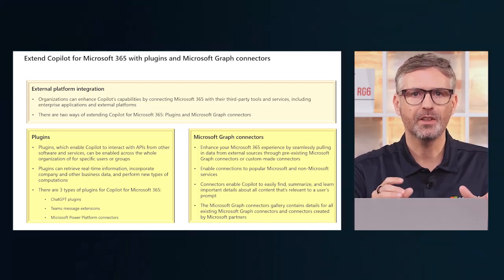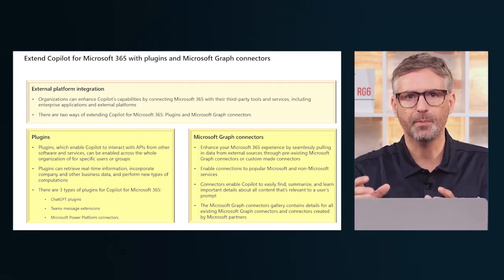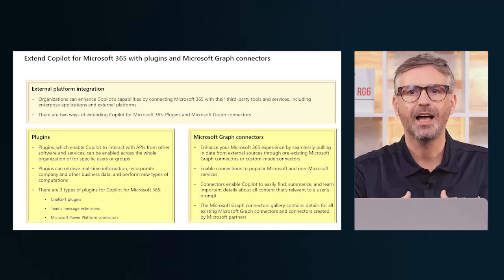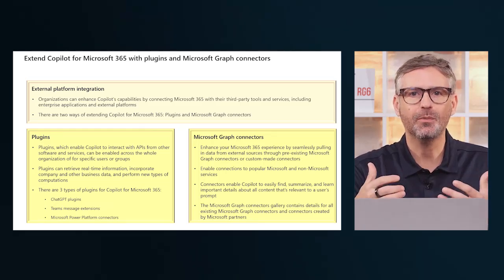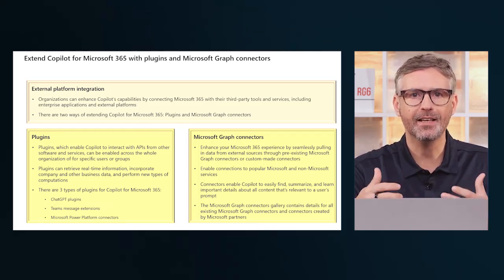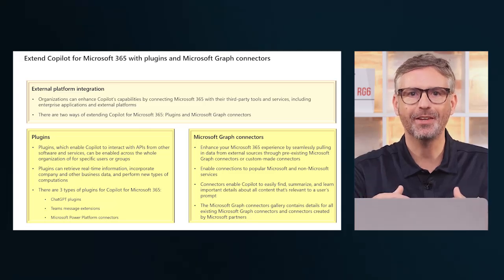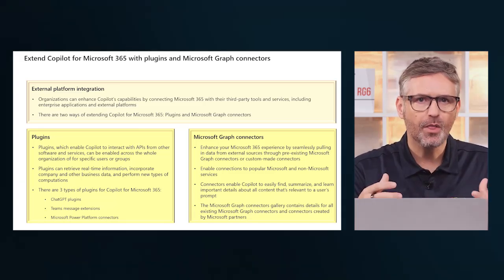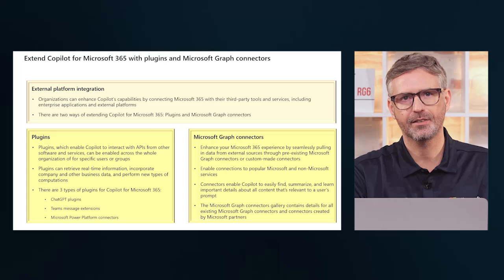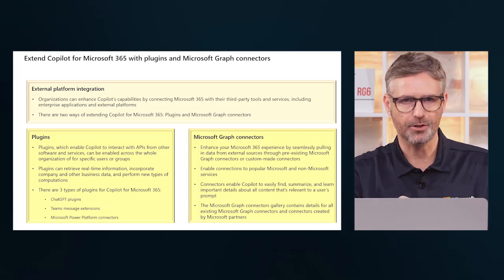Throughout this course, we will delve deeply into the topic of extensibility. However, as a teaser, let's take a quick look at two basic ways to extend Copilot with additional knowledge through two fundamental components: plugins and graph connectors.